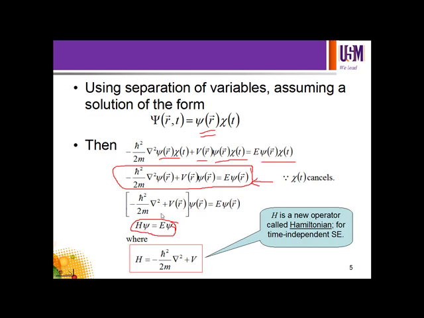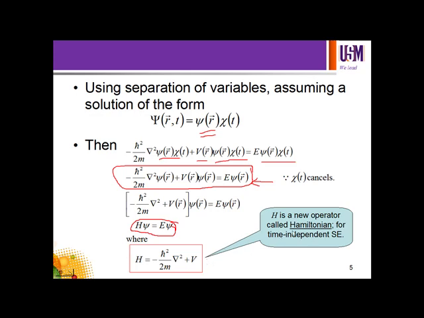Let the term in the square bracket be H, multiplied by eigenfunction psi, equal to energy E, the eigenvalue, multiplied by the eigenfunction psi, where H is equal to negative h bar squared per 2m nabla squared plus V.